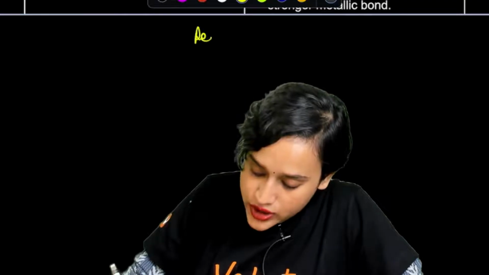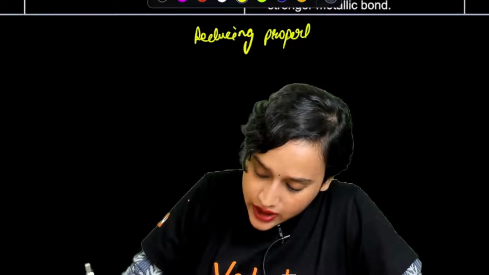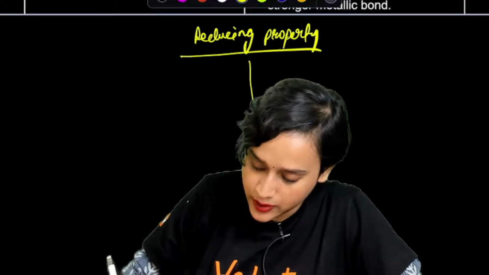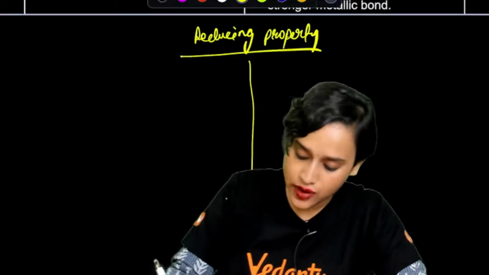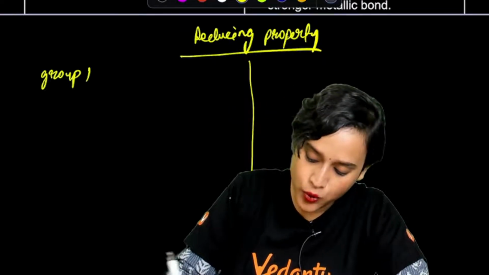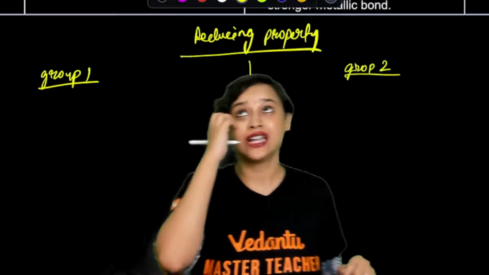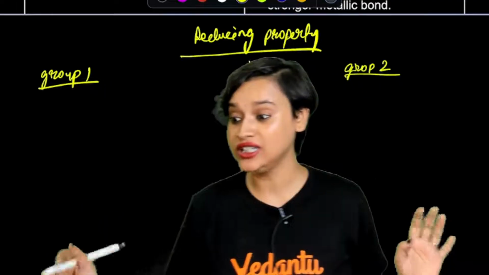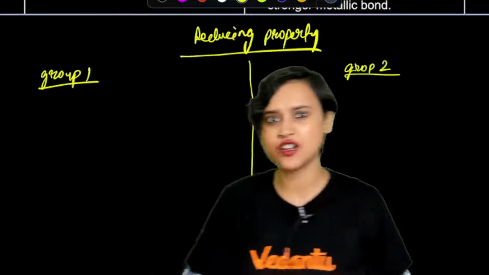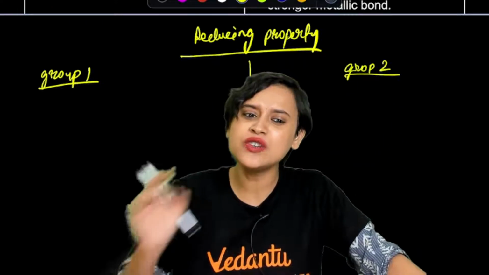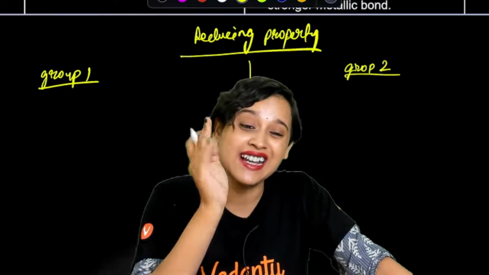Chalo guys, what was I telling you? Let's talk about reducing property. What is the reducing property? You have to know that you again have group 1 and group 2. Do you remember that when we were doing the chapter called redox reaction, then a chapter called electrochemistry, we learned about electrode potential.